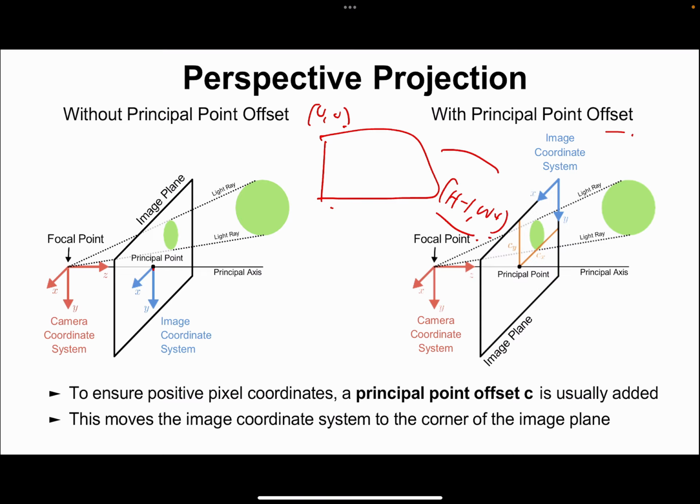This is convention. Before introducing this offset, the center of the image becomes the origin, but what people mostly use is this convention, making the top left of the image 0,0 and the bottom right height minus 1 and width minus 1. Just introducing an offset.